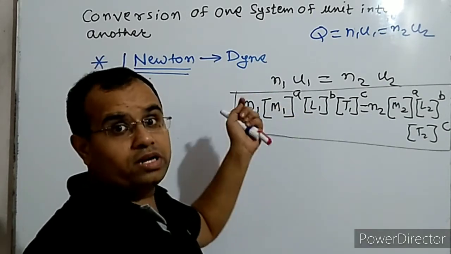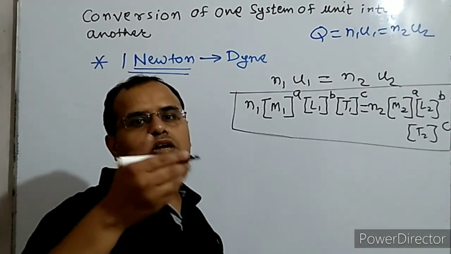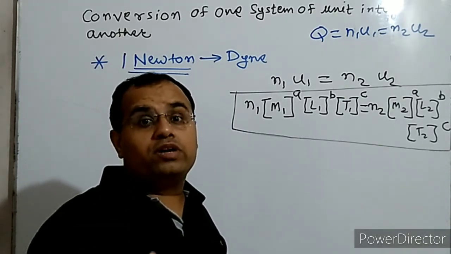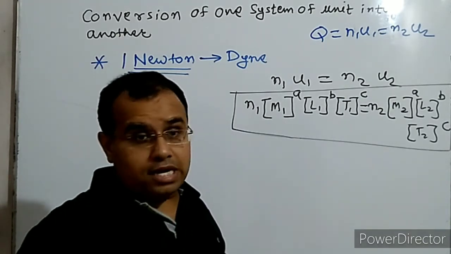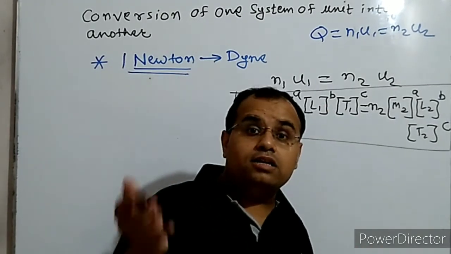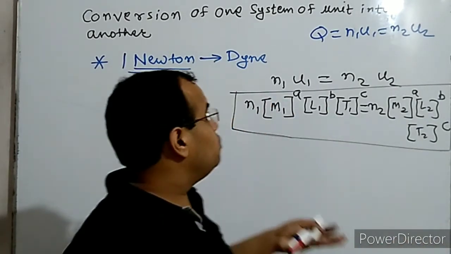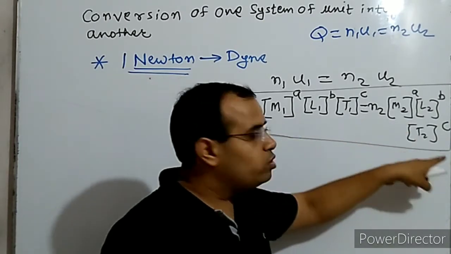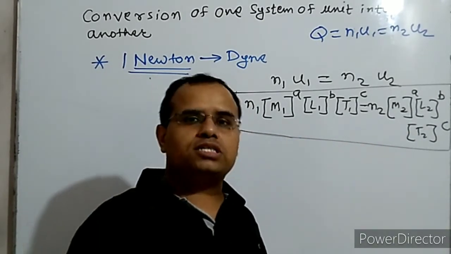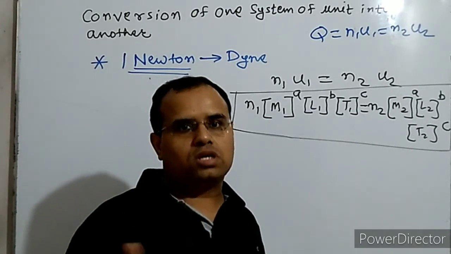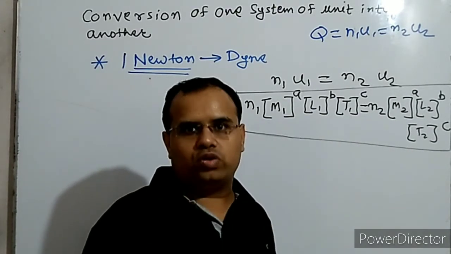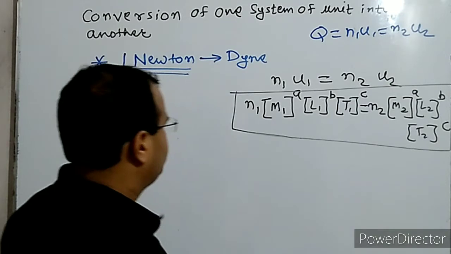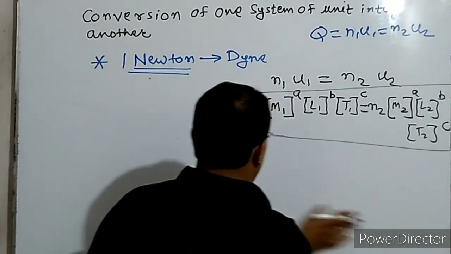Like in SI unit we had kilogram, meter, second, and in CGS unit we had gram, centimeter, second. So that's why M1, L1, T1 and M2, L2, T2 represent a different set of units which we have to use in a particular system of units. Now this is what the formula is.